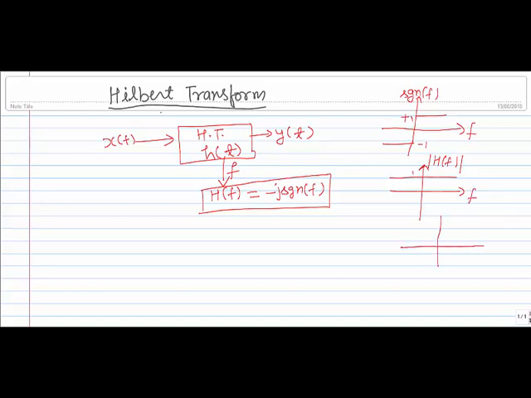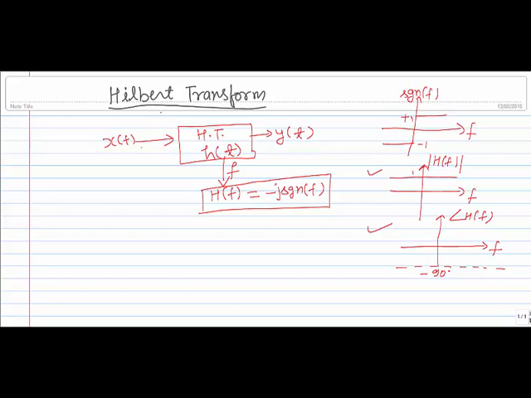While the angle of H(f) will become minus 90 degrees. Why? Because of this minus j, isn't it? Now this is the frequency response of the Hilbert filter.